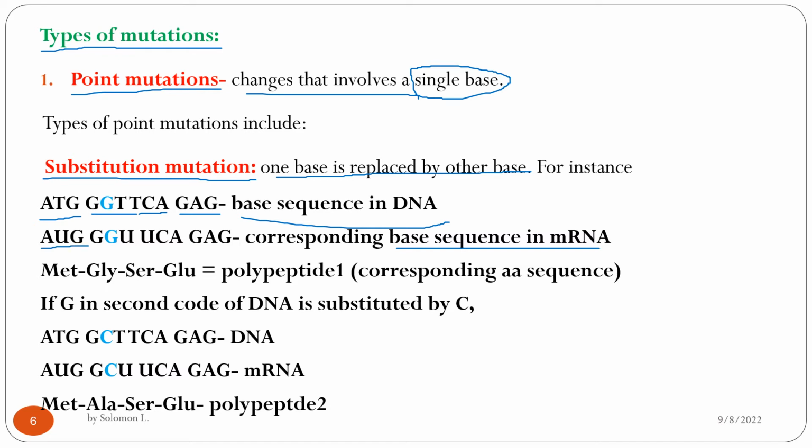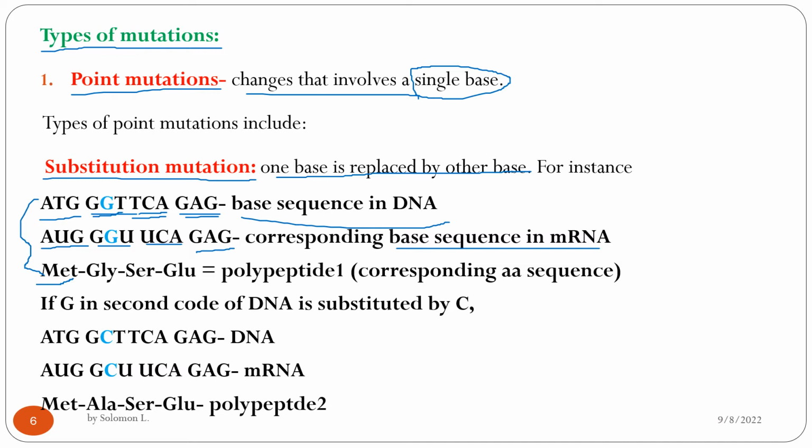Thymine is replaced by uracil because it is the base sequence in messenger RNA. Then the guanine, thymine codon is transcribed into guanine, uracil. Thymine, cytosine, adenine is transcribed into uracil, cytosine, adenine, and guanine, adenine, guanine stays guanine, adenine, guanine. Then these base sequences in messenger RNA are translated into amino acid sequences. So adenine, uracil, guanine codes for methionine.